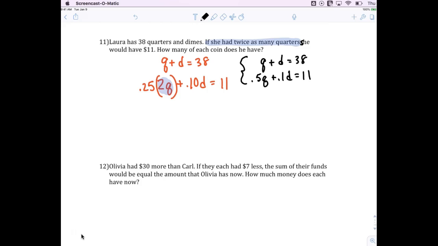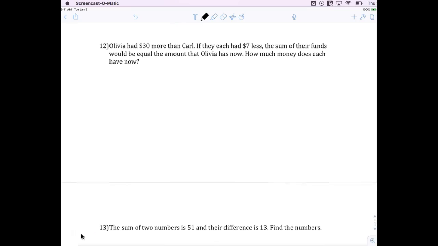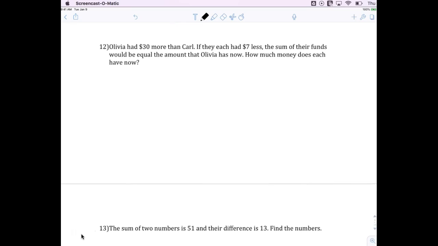Now, I want everybody to see what they can do for question number 12. Try to read number 12. Kind of tricky. Listen, guys, I know some of you can just guess and check and figure it out.